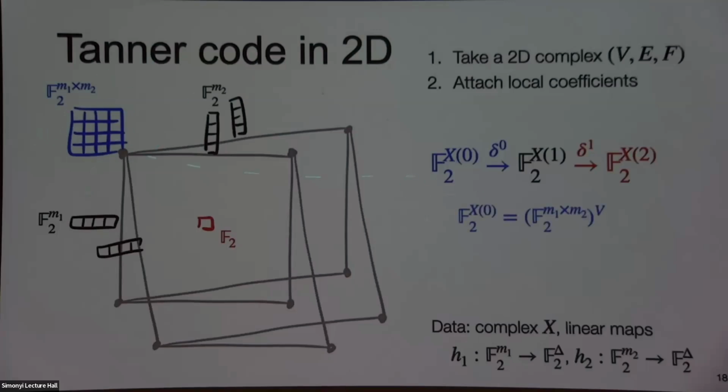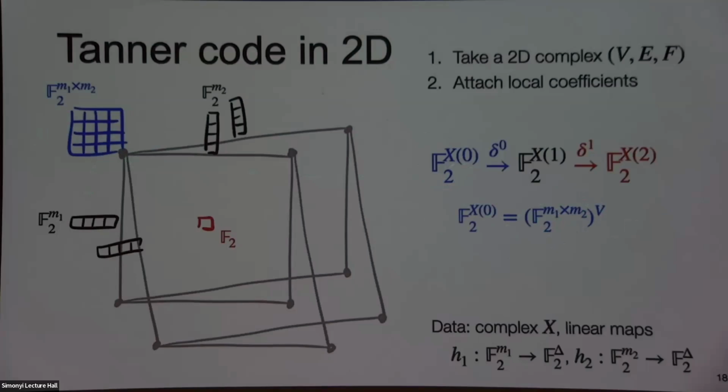And then for each vertex, we will put a matrix-valued object there. More explicitly, this first vector space would be F2 to the M1 times M2, to the power of V. In other words, you can think of it as a function on the vertices where each vertex has a value inside F2 to the M1 times M2.